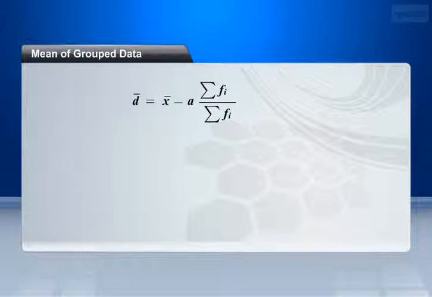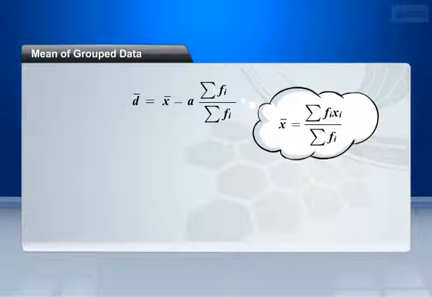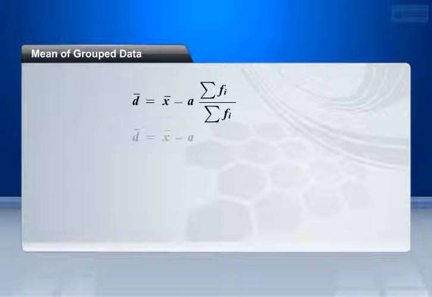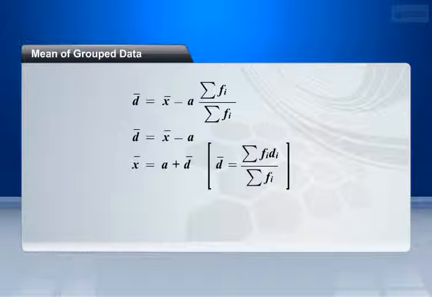This implies that d bar equals x bar minus a into sigma fi by sigma fi, since x bar equals sigma fi xi by sigma fi. This implies that d bar equals x bar minus a. This implies that x bar equals a plus d bar, where d bar equals sigma fi di by sigma fi. Therefore, x bar equals a plus sigma fi di by sigma fi. Let's see some examples using the assumed mean method.